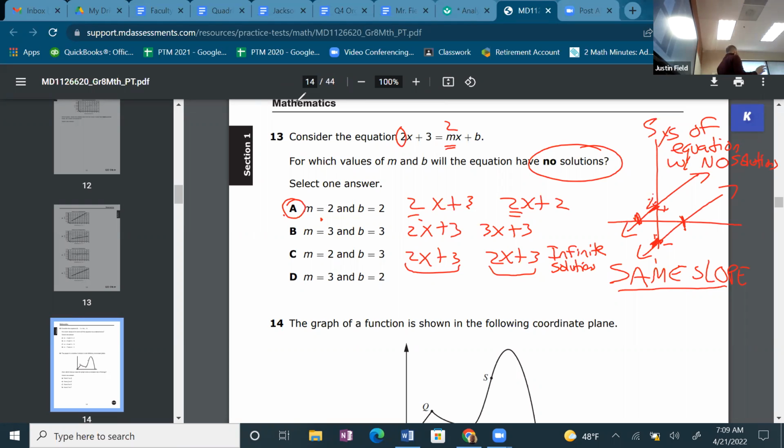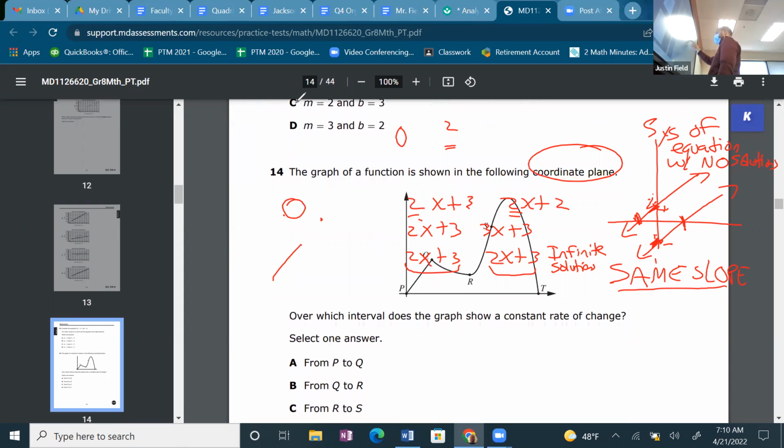We want to use each one of these problems to identify the topic that will be on the test, and then talk about that topic in general. So C is not right because it would be infinite solutions, and we already know D is not right because it's different. All right, should we do one more? Just keep it going.